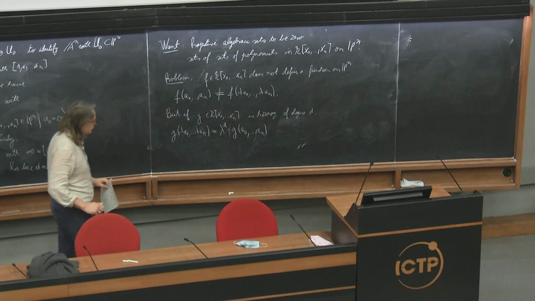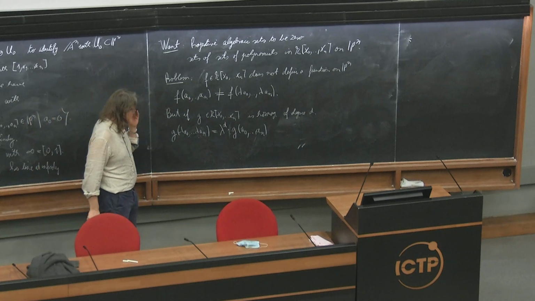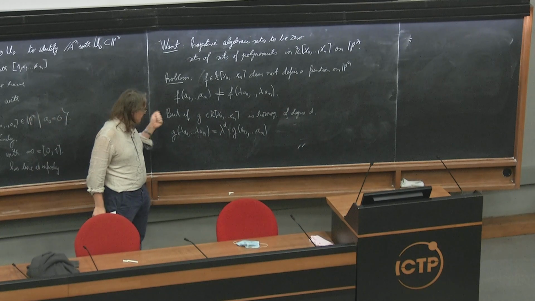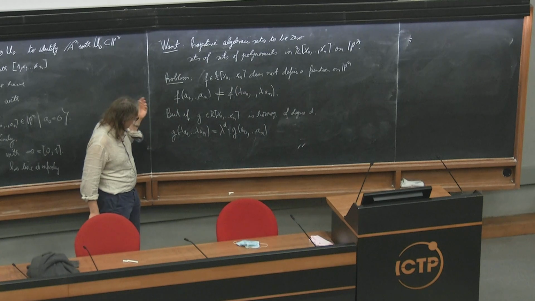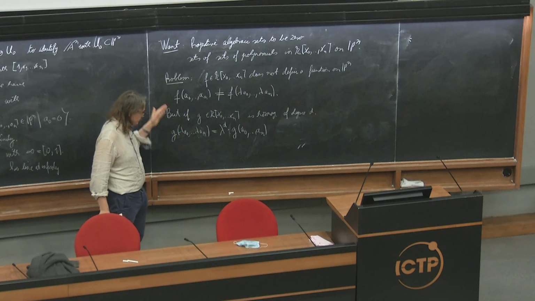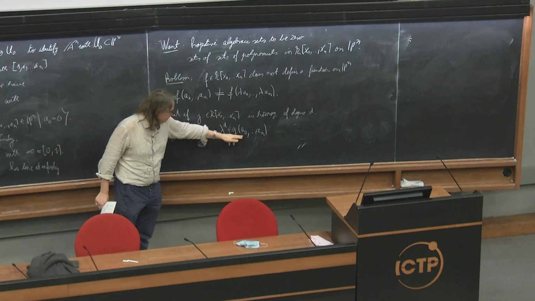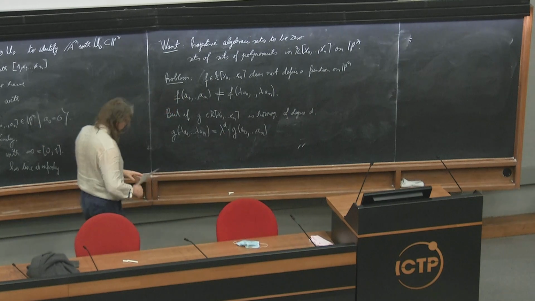And so it makes sense to say that G is 0 at a certain point in projective space, namely if and only if it's true for one, and equivalently for all, representatives of that point in A0 to AN.